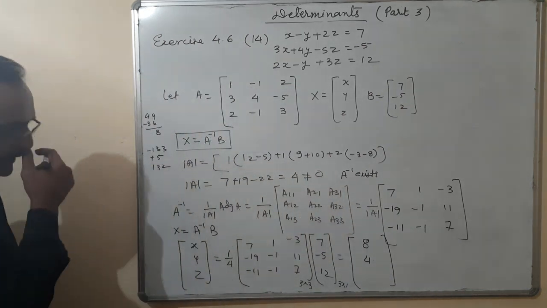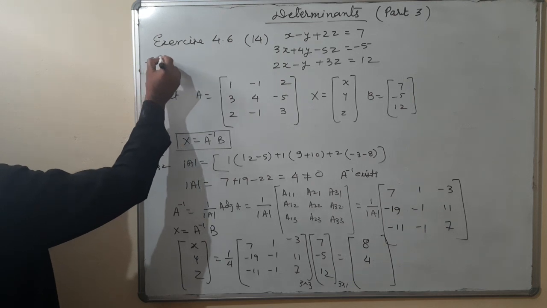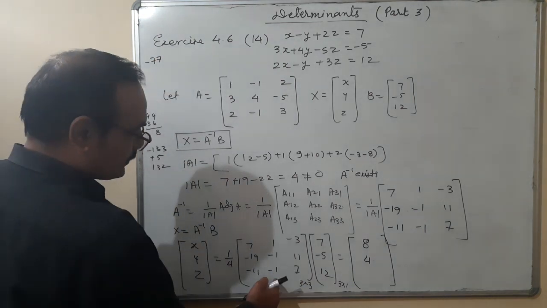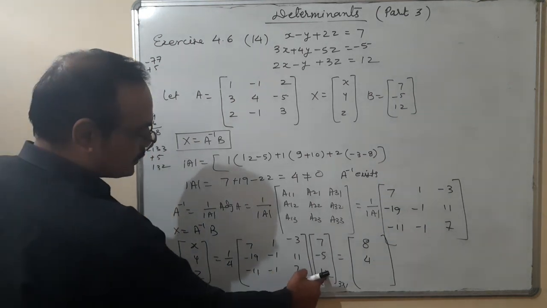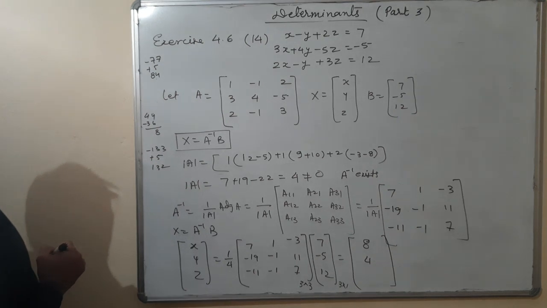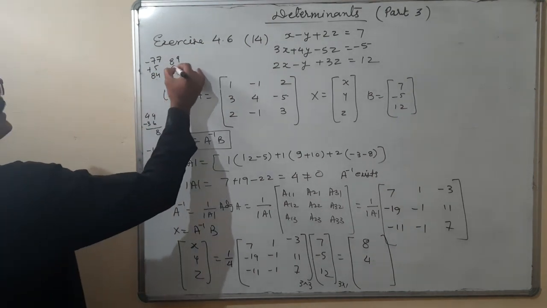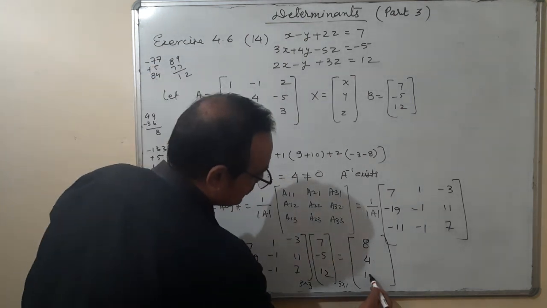Okay. And 11 times 7 is 77, minus 77. After that plus 5. And this is 12 times 7, 84. 84 plus 5, 89. 89 minus 77, 12. So this result is 12.